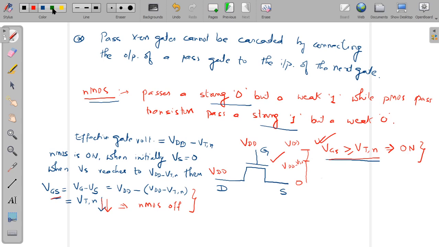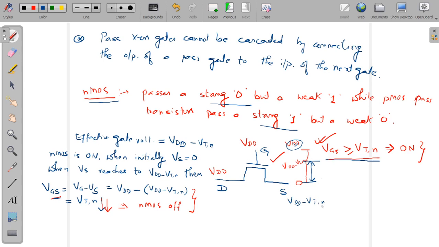This is wrong, because this will violate this condition. So it will only be able to swing between 0 and VDD minus VTN. Under this condition, what does it mean? The gate is at VDD, the drain is at VDD, but the source maximum is at VDD minus VTN.